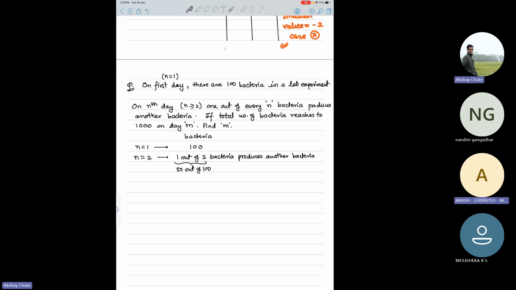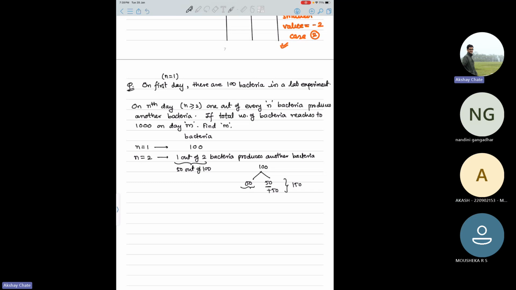Now the total will be 100. No, see, what is happening here is you had 100, so 50, 50, you do the division. These guys will produce another 50. So they will add 50 and these guys will not do anything. Good, so the total will become 150 there.